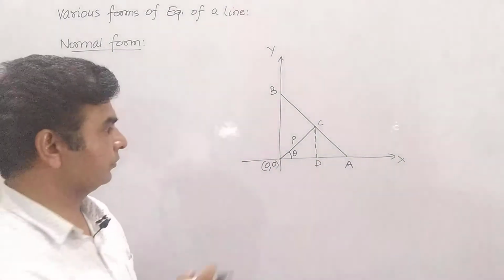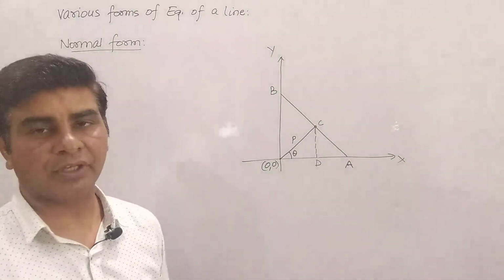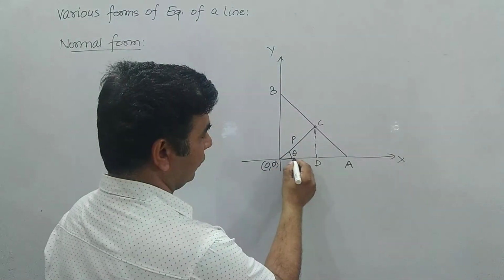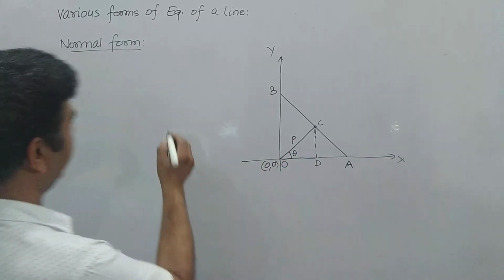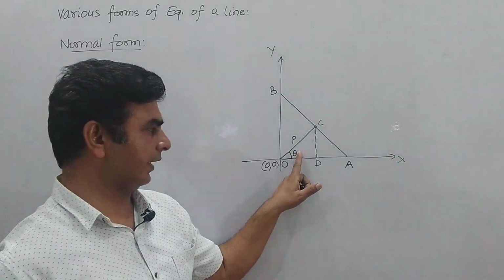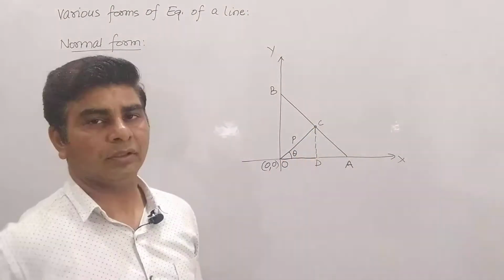So dear students, can we find this point? Yes, we can find this point. For that, let me first of all find OD. Let this point be O. Then OD will be given by, this is your angle, CD will be the perpendicular and OD will be your base.